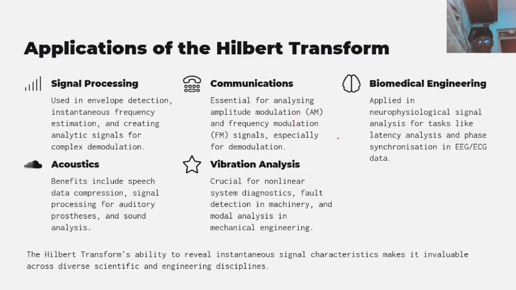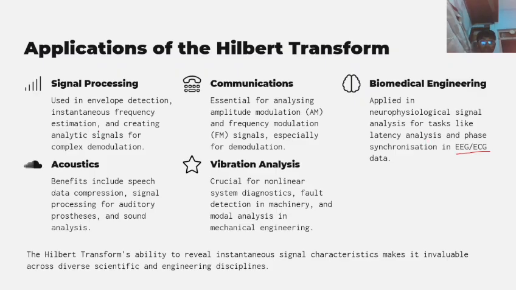Biomedical engineering: it is also mainly applied in biomedical engineering, for neurophysiological signal analysis, latency analysis, and phase synchronization of ECG or EEG data. ECG is nothing but a scan. Here also, to get medical reports, we use the Hilbert transform in biomedical engineering.